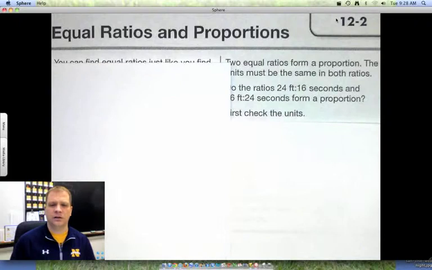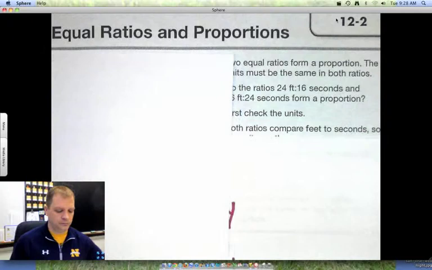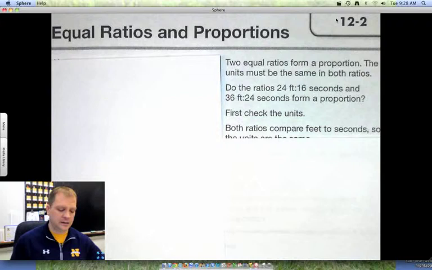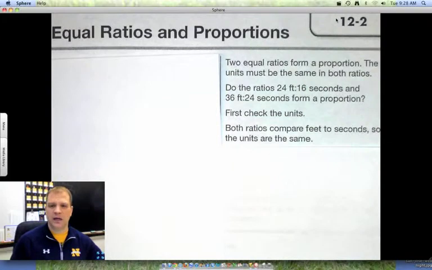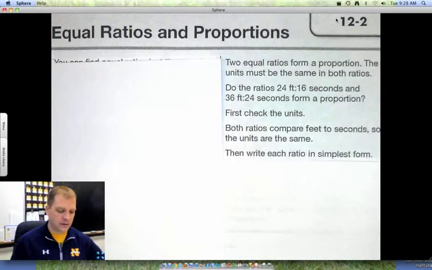So first of all, let's check the units. Both ratios compare feet to seconds, so the units are the same. Okay, so if one was inches to miles, it wouldn't work. It has to be the same units for both. So since we have feet and seconds for both, we can find a proportion.